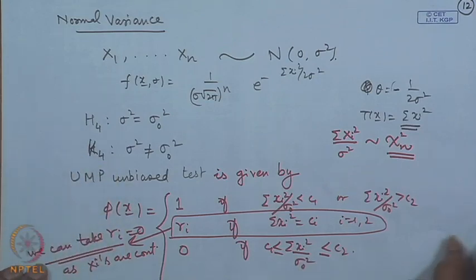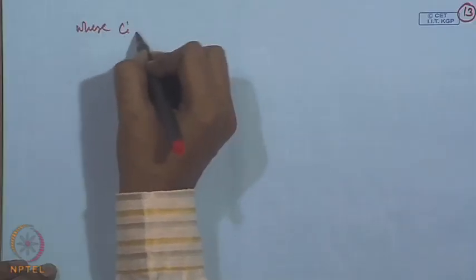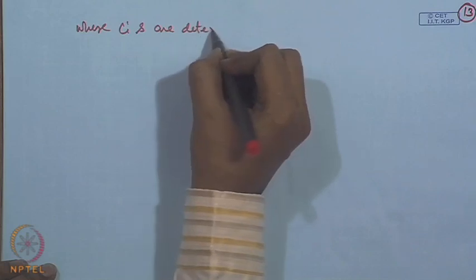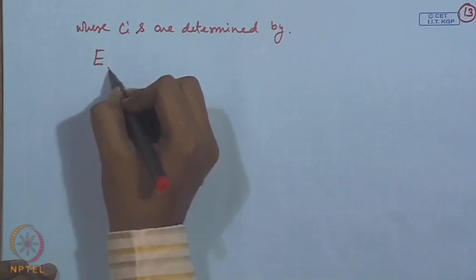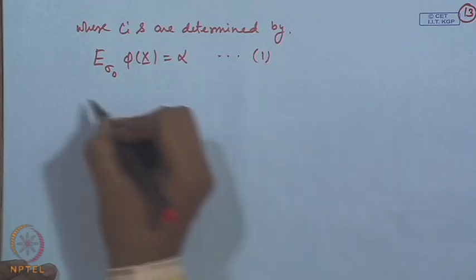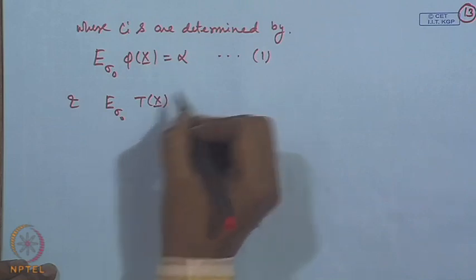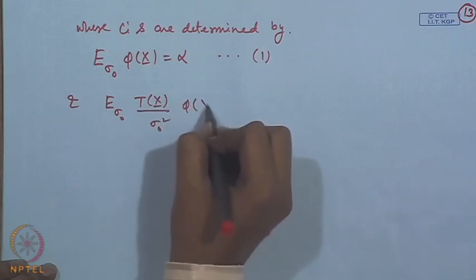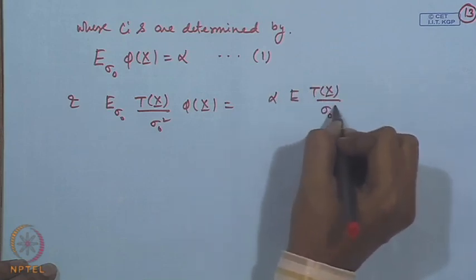So, that the distributional properties will be easy to study, then we will have say, where C i's are determined by expectation under sigma naught of phi(x) is equal to alpha and expectation of T(x) divided by sigma naught square times phi(x) is equal to alpha times expectation of T(x) by sigma naught square.